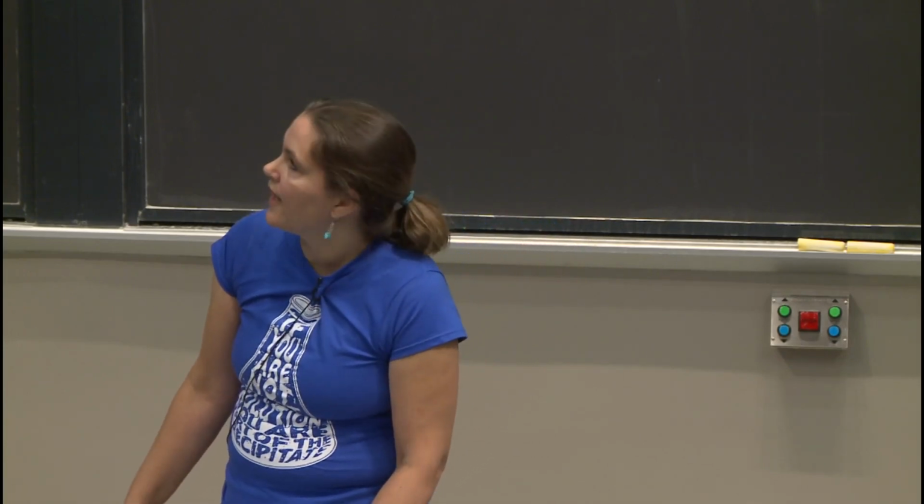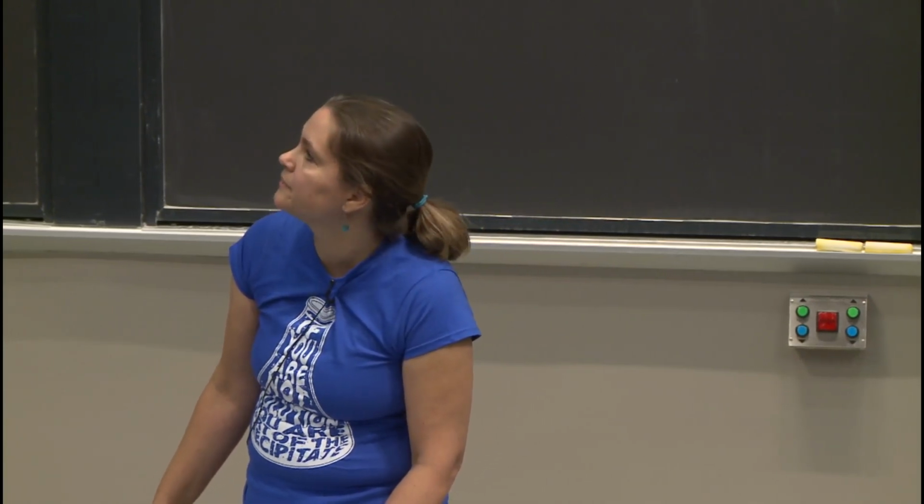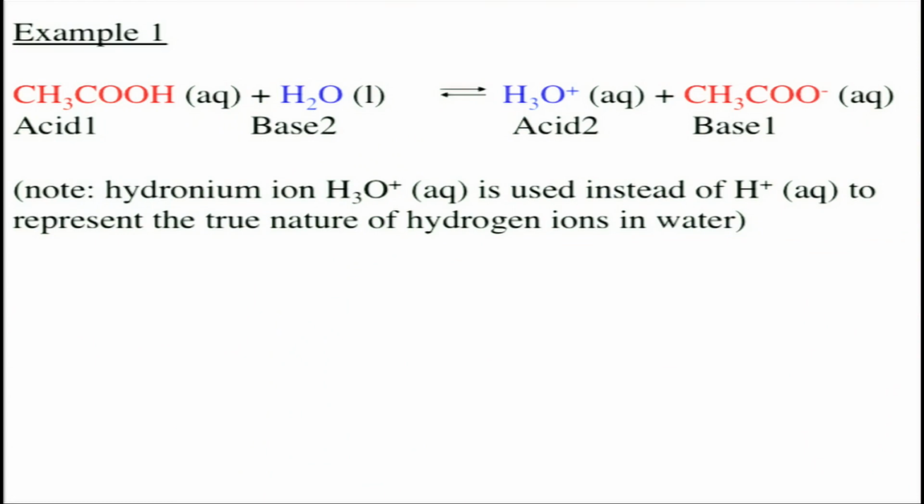So let's look at some examples of this. Here we have an acid. And if it's an acid, it's going to be donating a hydrogen ion, and it's going to donate it here to the water. The water acts as a base in that it accepts the hydrogen ion. When it accepts the hydrogen ion, it has one extra hydrogen ion, so it's H3O+.